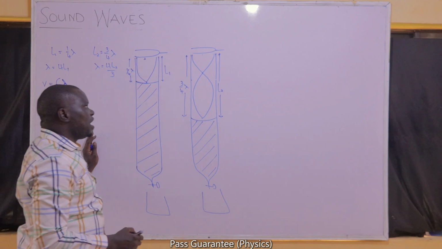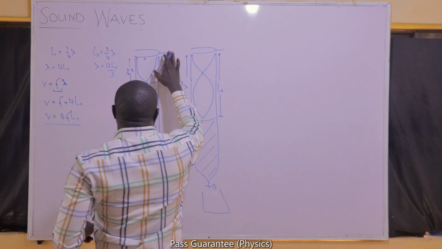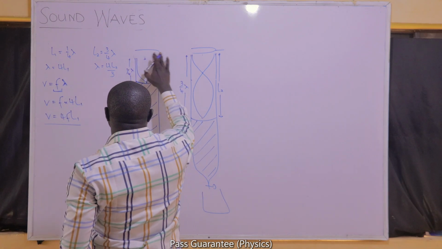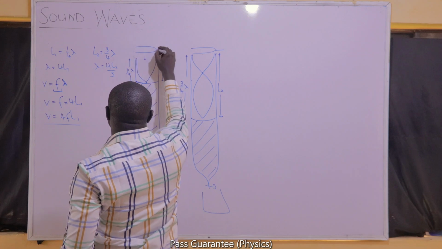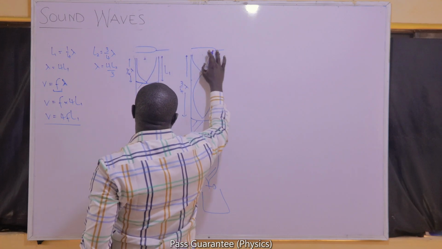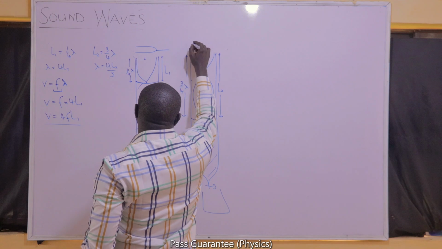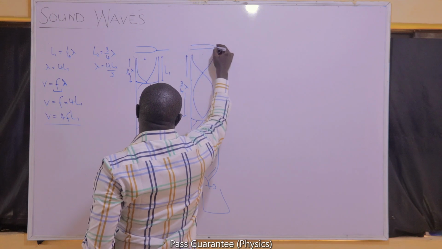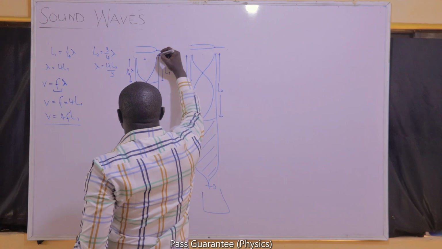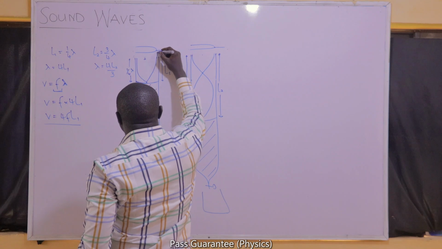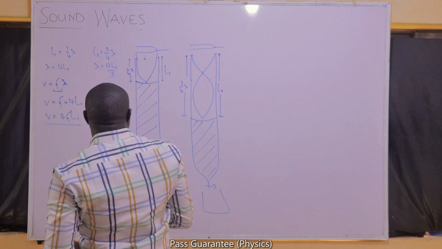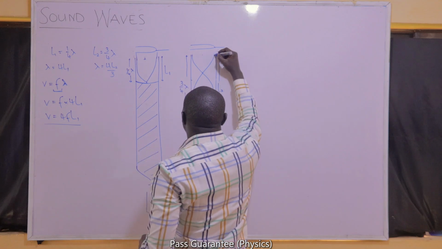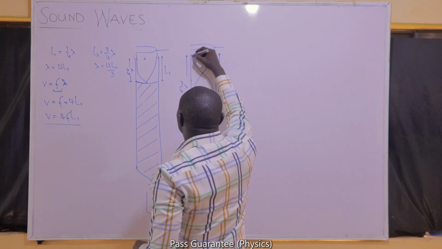But this is a simplified form. There are times when this fork will be slightly displaced above the surface of the tube. In that case, the antinode of our wave will start from the point where the fork is.